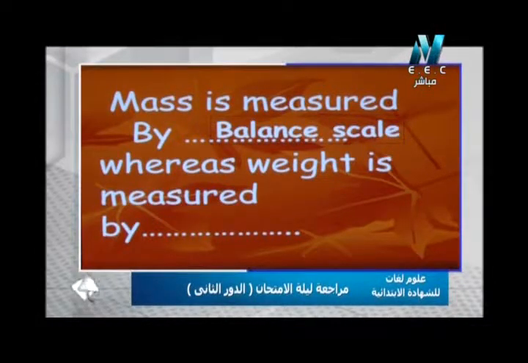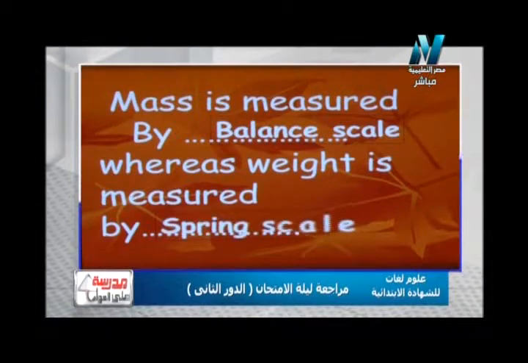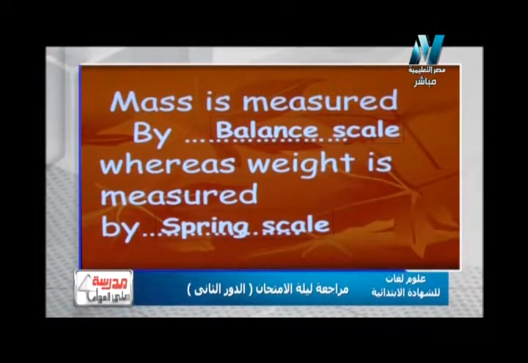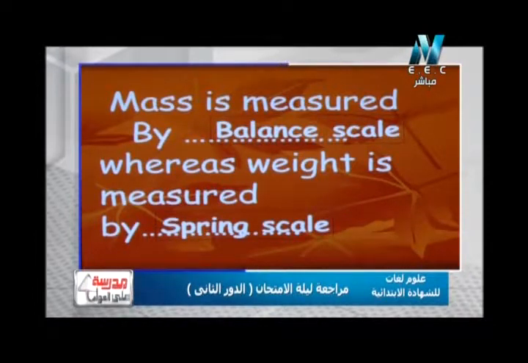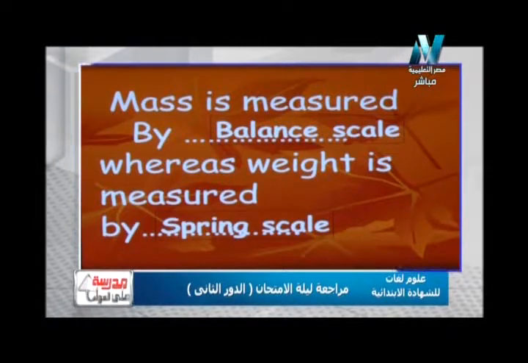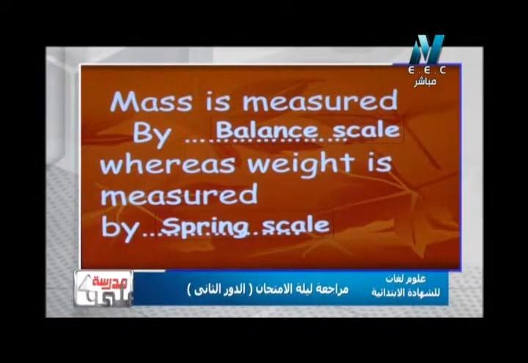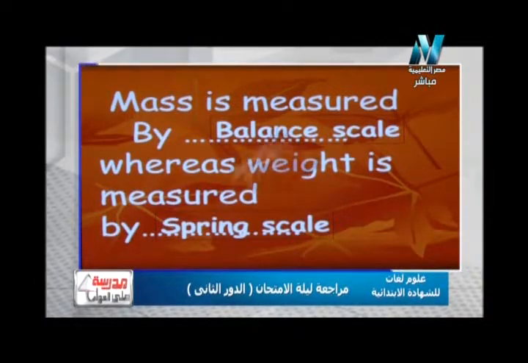Whereas weight is measured by only one scale called a spring scale. So we have many examples of the scales that are used for measuring mass, and we have only one example for the scale that is used for measuring the weight. So again, mass is measured by balance scale, whereas weight is measured by a spring scale.